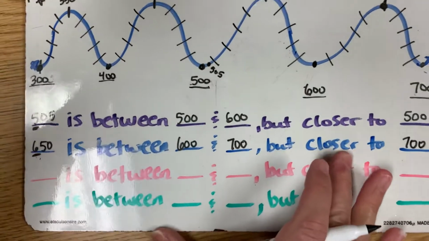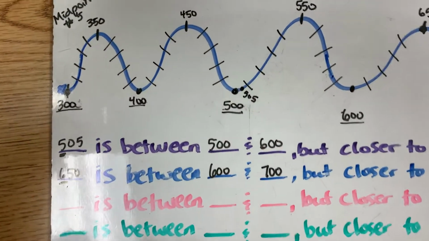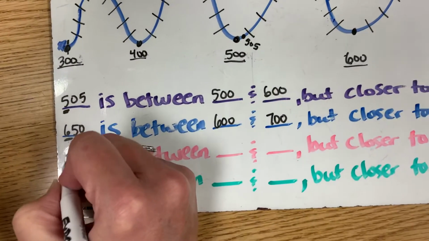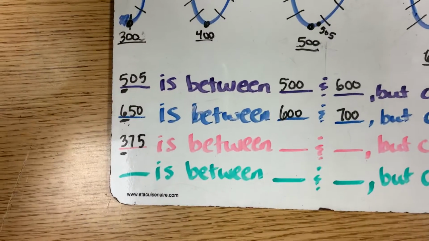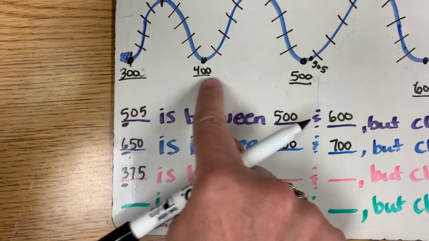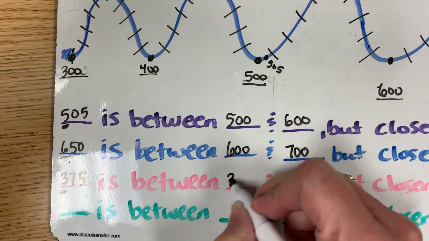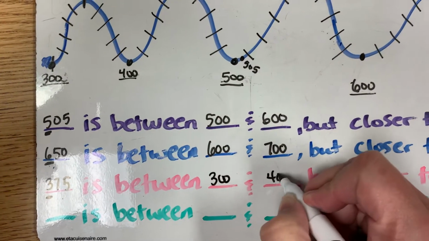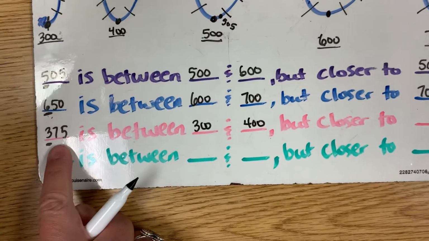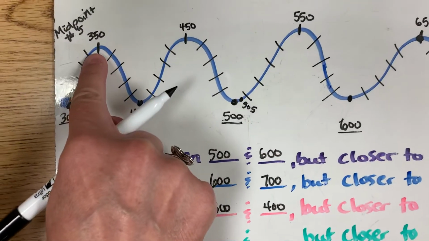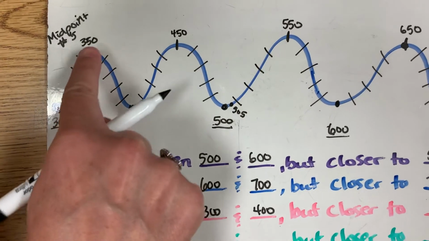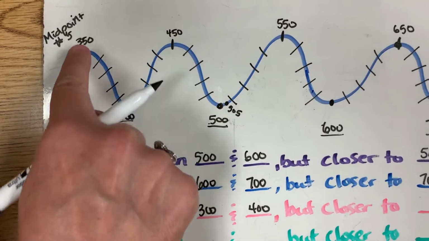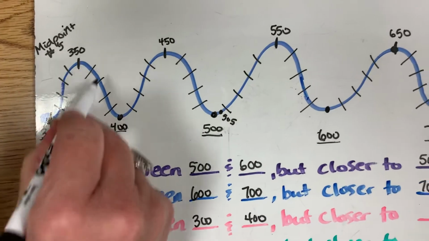Okay, the next one, let's do 375. I'm underlining the 3 in the hundreds place. It's between 300 and 400. I'm going to ask myself, is it less than, equal to, or greater than the midpoint? Well, I know it's greater than, so it's not going to be plotted on this side of the number line. It's going to fall to this side.